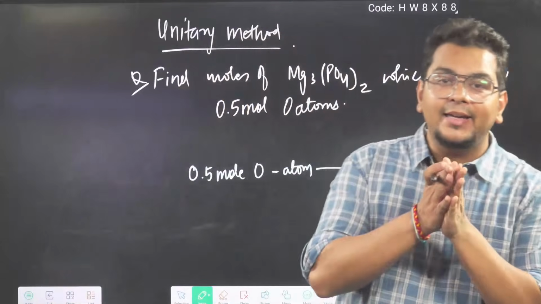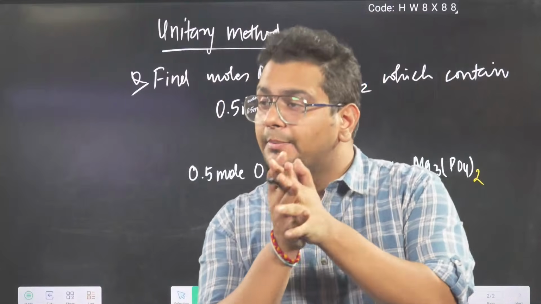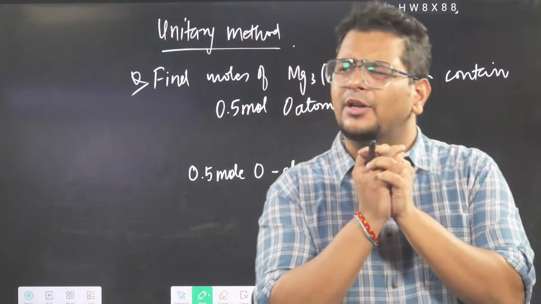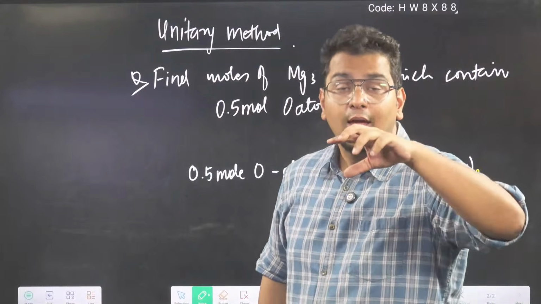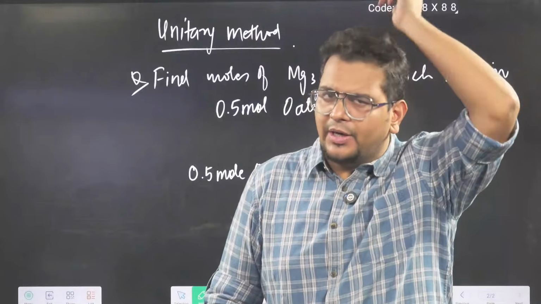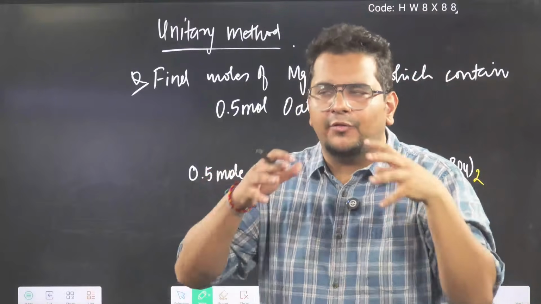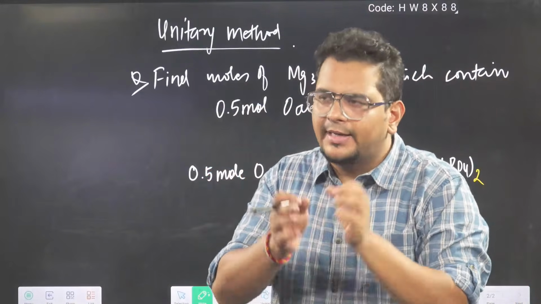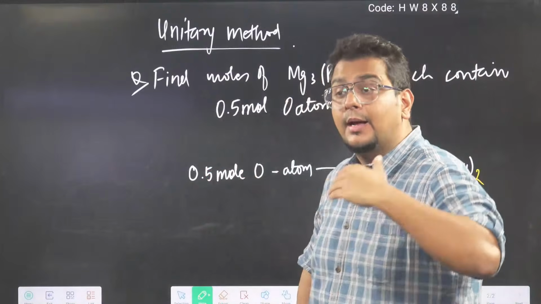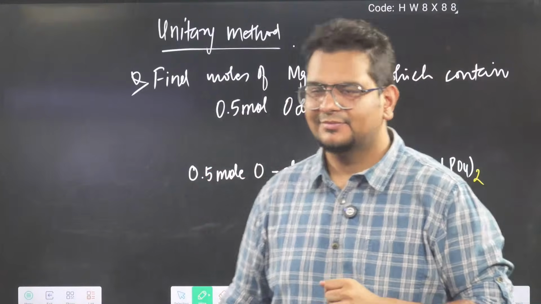Now, I need a relationship between O and magnesium phosphate. So what's the meaning of relationship? Tell me, can you create a relation between number of hands and number of people?